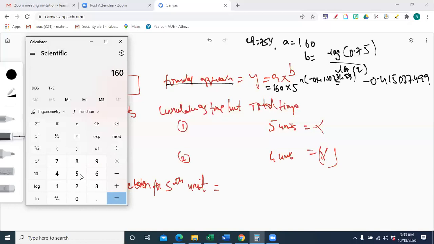160 into 5, raised to the power minus 0.415037499.